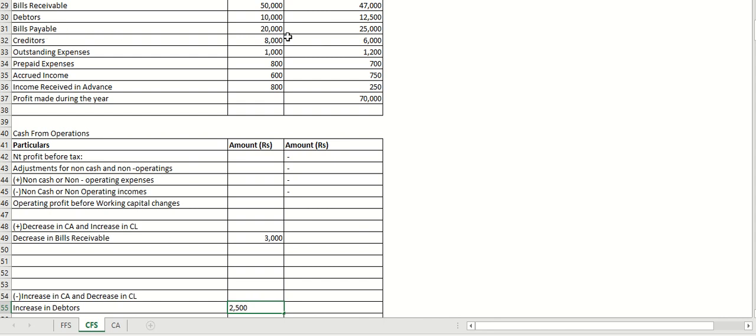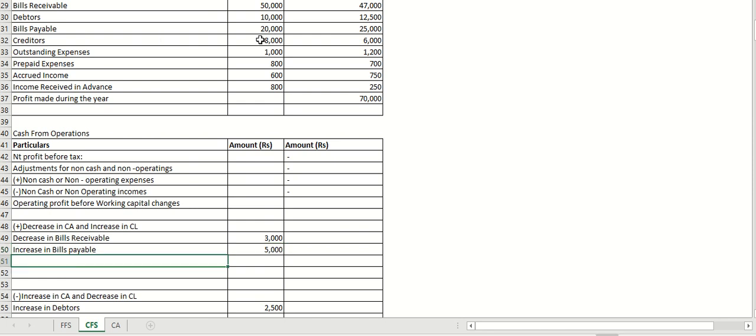Now your third, bills payable, 20,000, 25,000. Bills payable is a liability. Bills payable has increased, so you will add it. Increase in bills payable. So 20,000 minus 25,000, you get 5,000 as your answer.